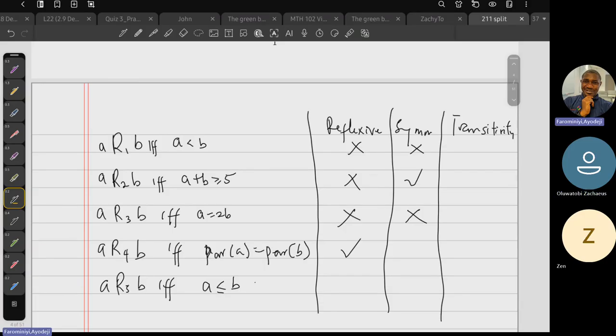Yes, anything that has to do with equality will always be symmetric. So this is symmetric. Then R5, is it reflexive? Yes, it is reflexive. Is it symmetric? A less than or equal to B, no, B can never be less than or equal to A. So it's not symmetric.